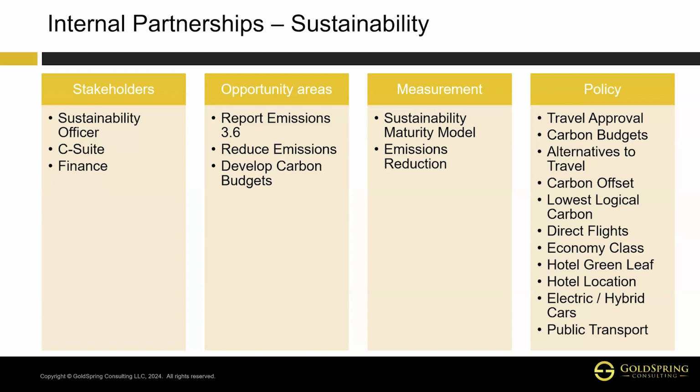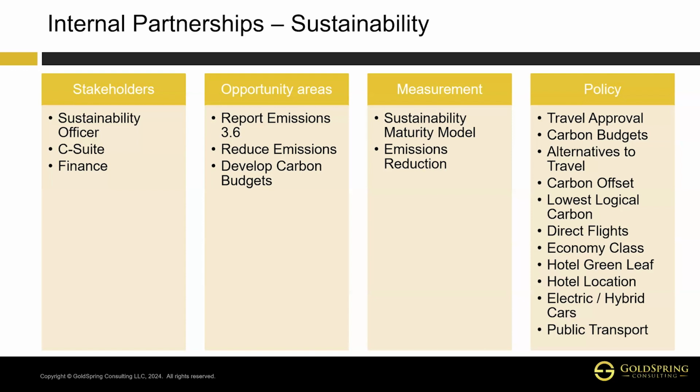We've seen companies build in carbon budgets, or make sure that we consider alternatives to travel or the mode of transportation, purchasing carbon offsets, replacing the term lowest logical fare with lowest logical carbon. I've seen that done. Promoting direct flights or favoring direct flights in the policy versus, remember, connecting if you're saving X amount of money.